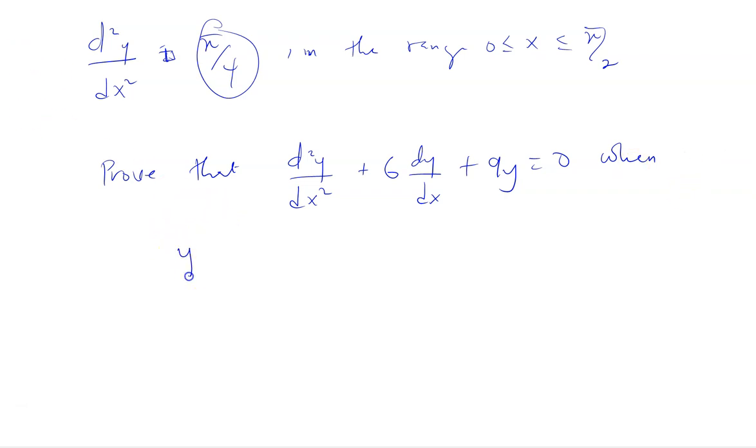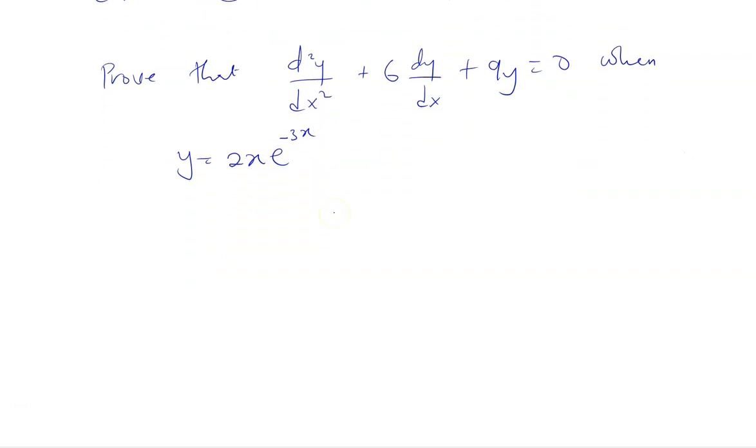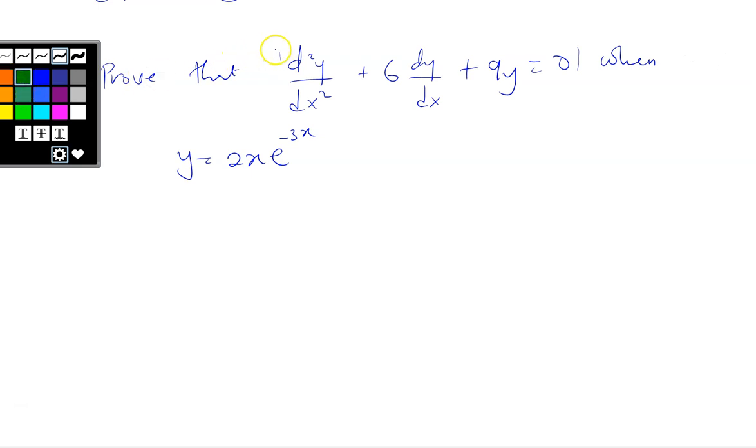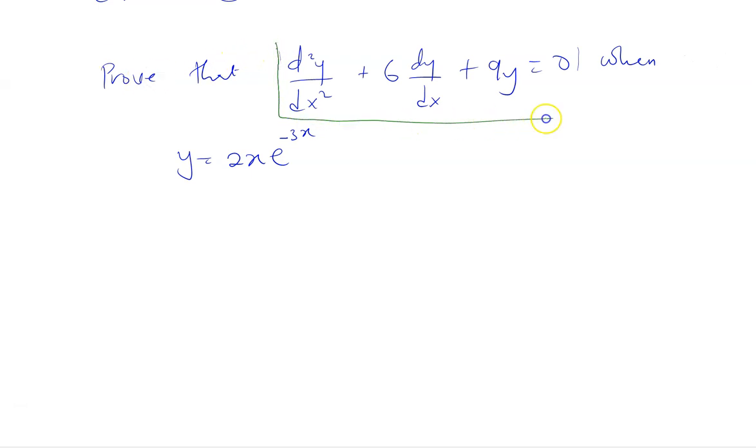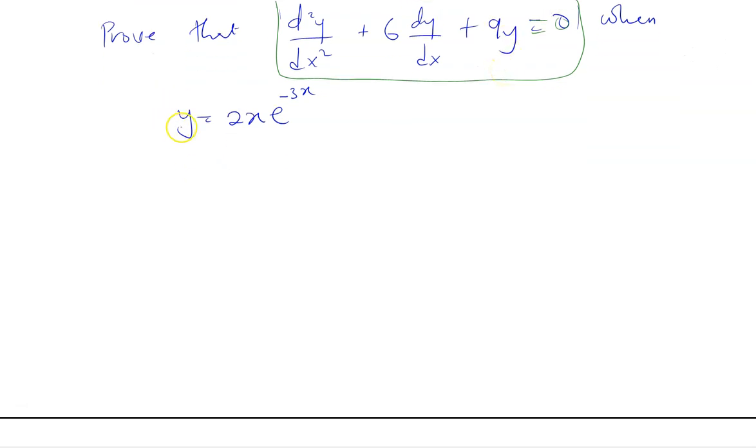So I should prove that this expression is equal to 0, that is d²y/dx² plus 6 dy/dx plus 9y is equal to 0. That's what I should prove, and they've given me y equal to 2x e to the minus 3x.